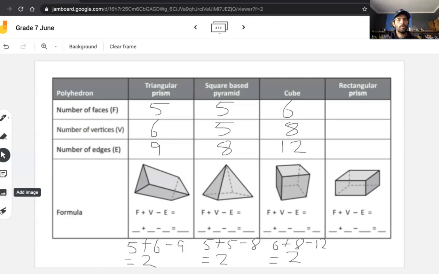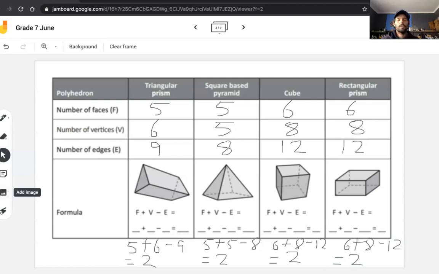The last one, the rectangular prism or cuboid, is going to have the same 6 faces as the cube, the same 8 vertices as the cube, and the same 12 edges. So you can see that again, 6 add 8 subtract 12 is going to be equal to 2.